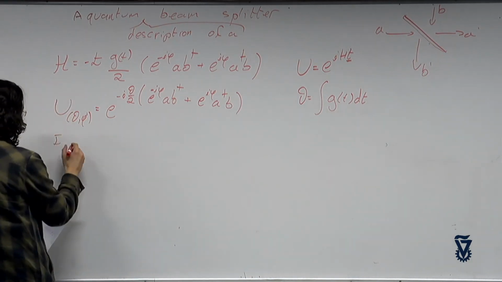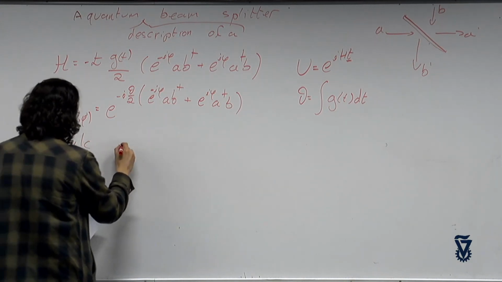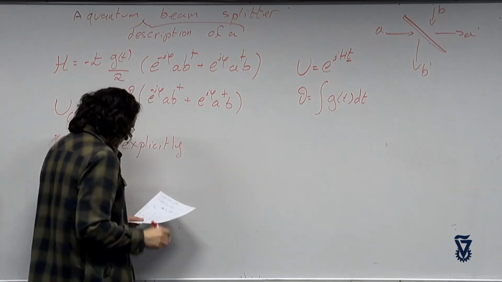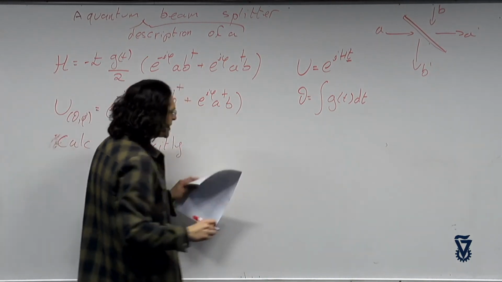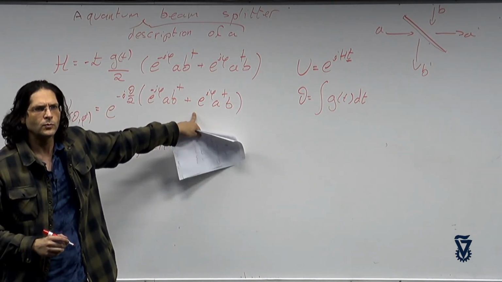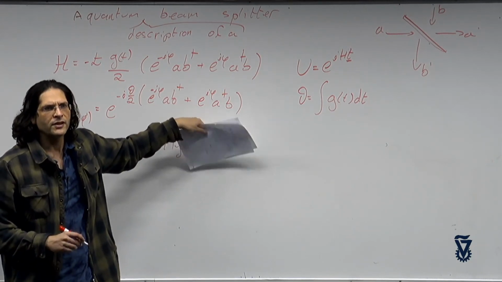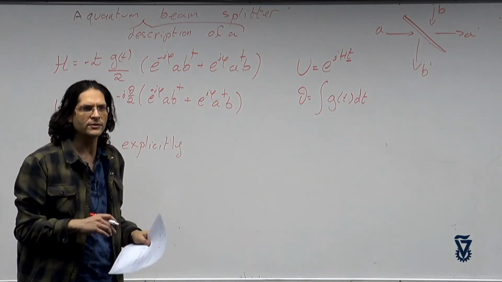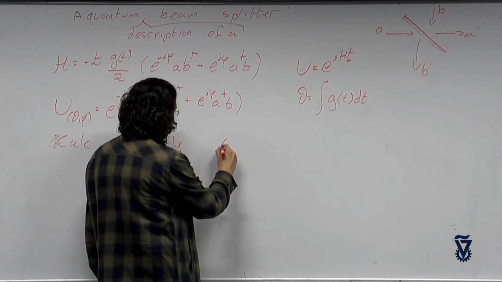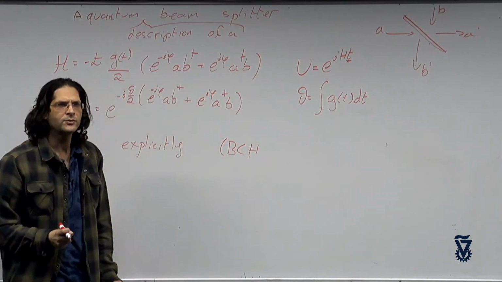And now you can calculate this thing explicitly for A and for B. Does anyone know how to do this calculation? Use your favorite formula, which is for when you have exponentials of some operators sandwiched between operators. Baker, Campbell, Hausdorff formula.